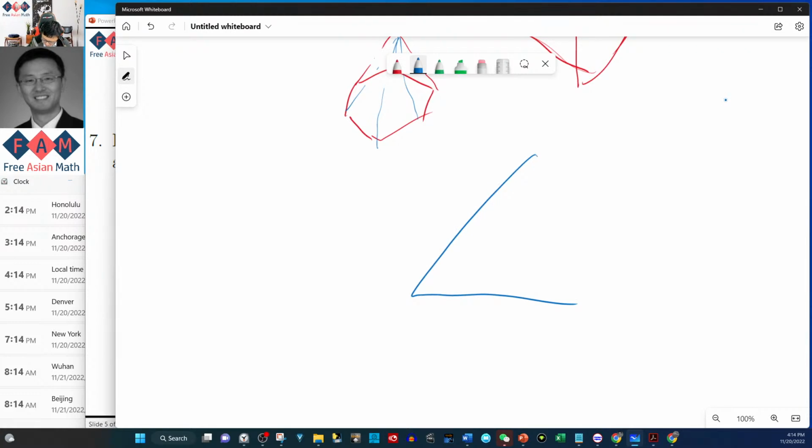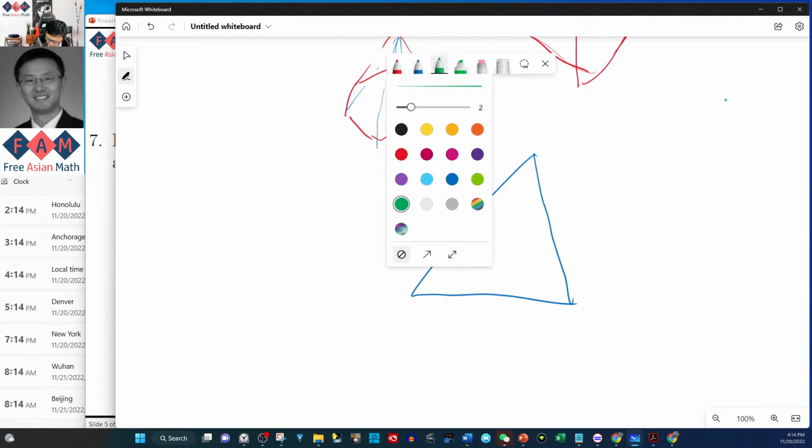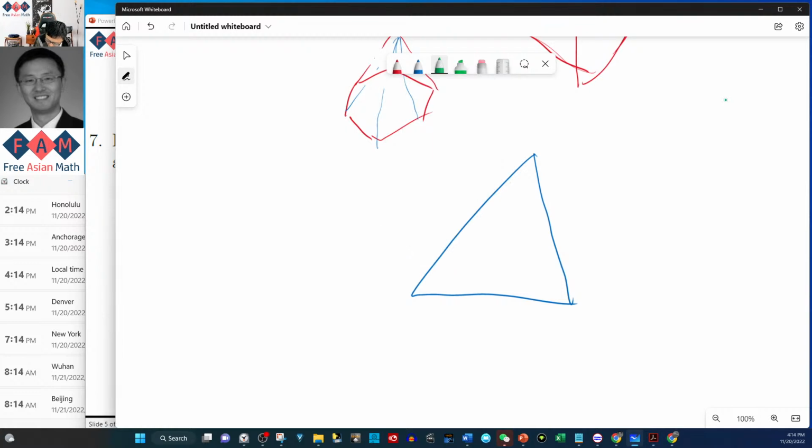Let's say we have a triangle here. If we cut off the triangle with a line parallel to the base, what do we have? We have this cut-off top, a smaller triangle, and that is similar to the original triangle. Why? Because we have a parallel line here. Almost exactly the same idea.